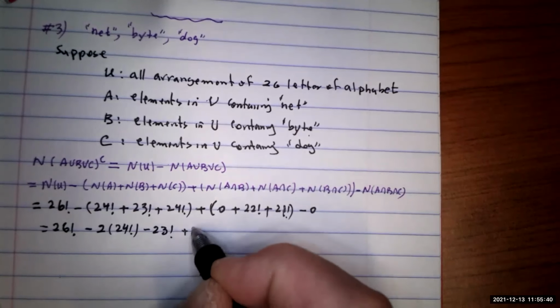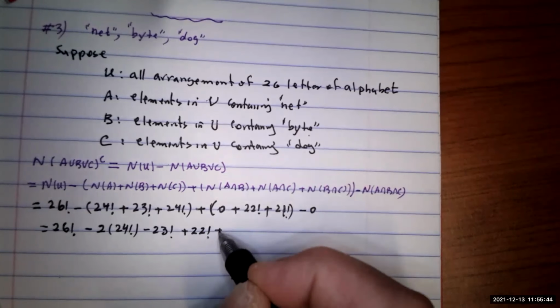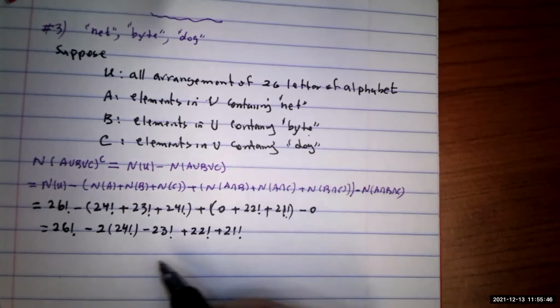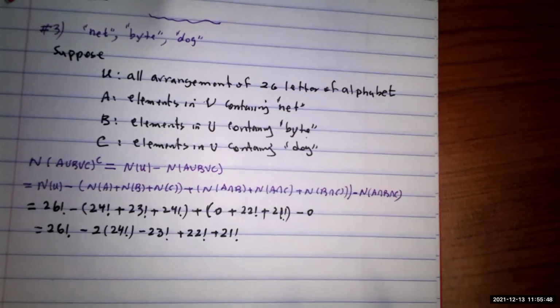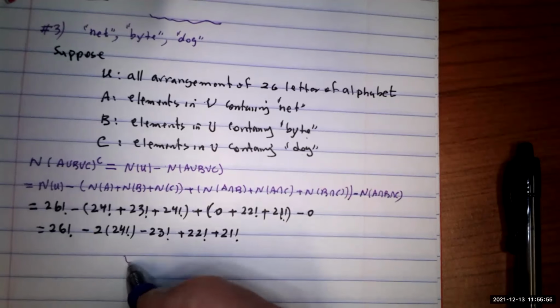So that gives you 22 factorial, 22 factorial, and plus 21 factorial. Accept it as a final answer, or you can use your calculator to get the numbers. But that would be fine for us.